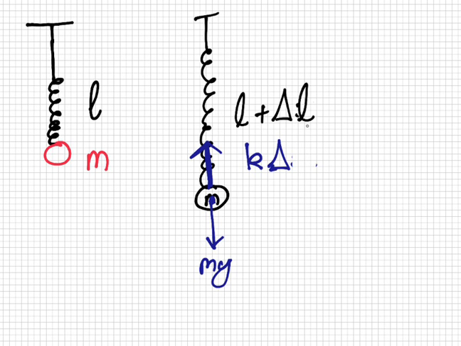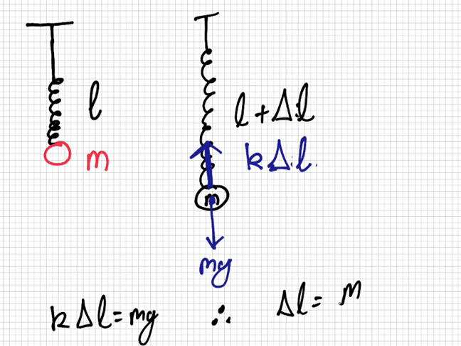Delta L. Make Joshua happy. Delta L. Okay, so we can say k delta L equals mg. Therefore, delta L equals m g over k. So that's the extension.